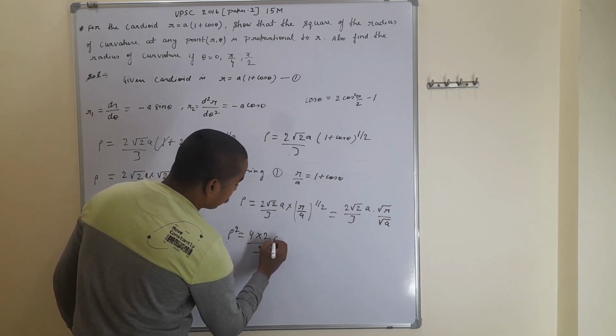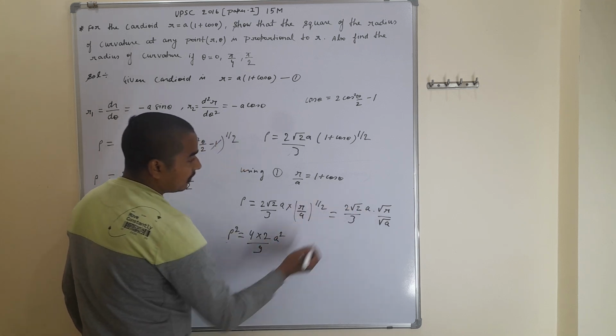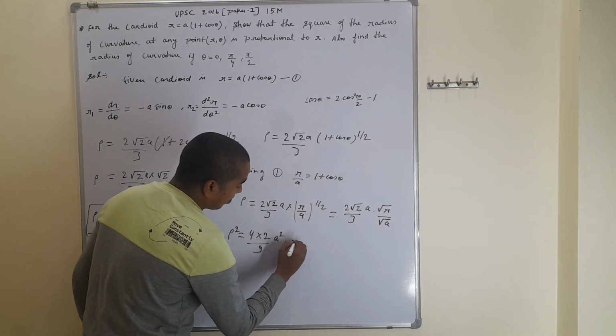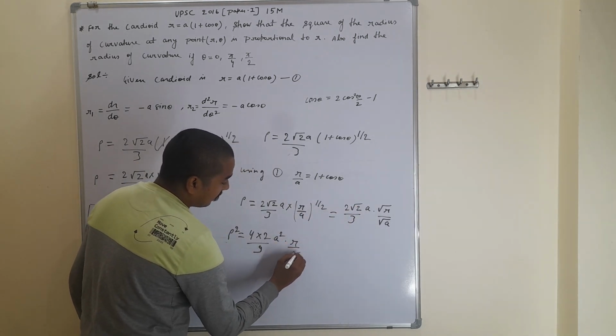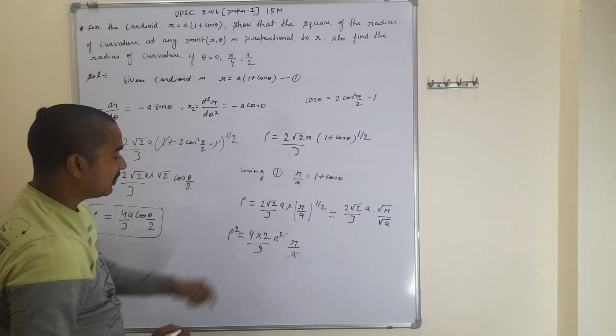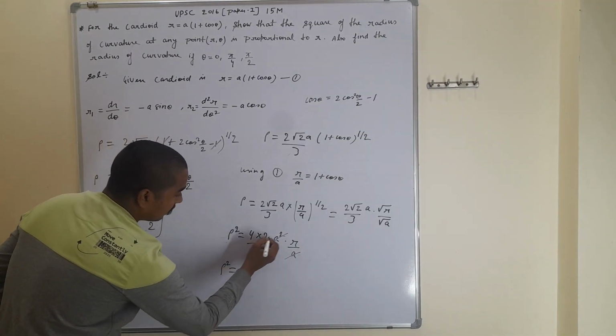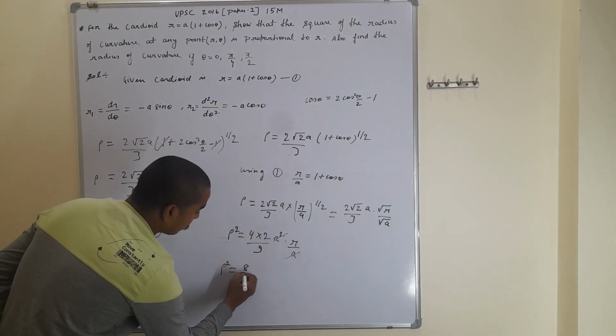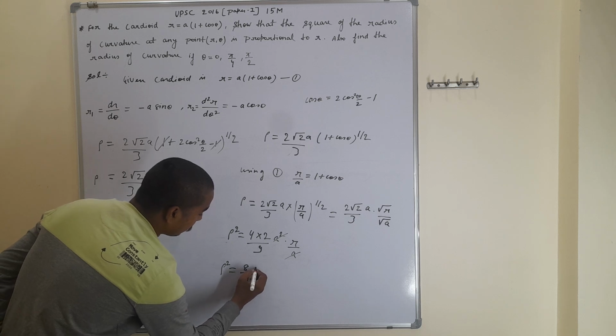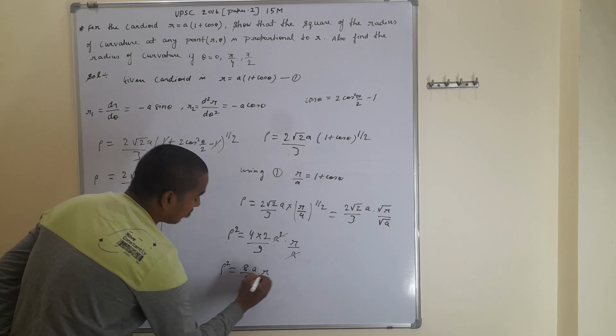A square is a square, and this is r by a. A cancels out, remaining is a. So rho square is equal to 8a by 9 into r.